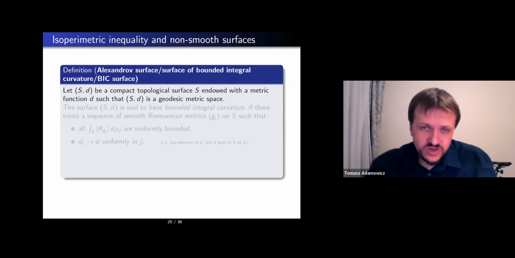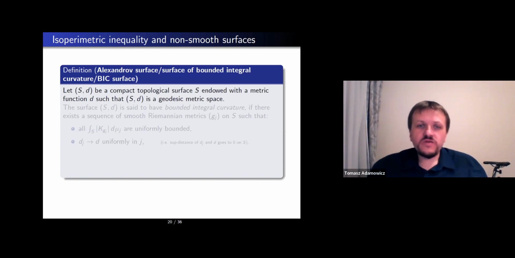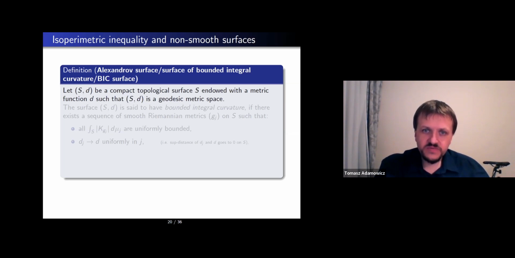There are a number of definitions, highly non-trivial to show that they are equivalent, but I will state in my talk two definitions. So I want to define Alexandrov's surface, also known as a surface of bounded integral curvature, or simply BIC surface for short. And for this, let (S, D) be a compact topological surface S endowed with a metric D, such that this surface S in metric D is a geodesic metric space.